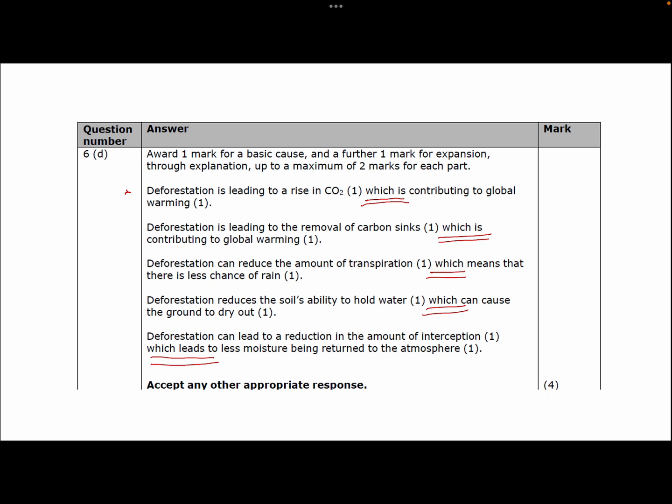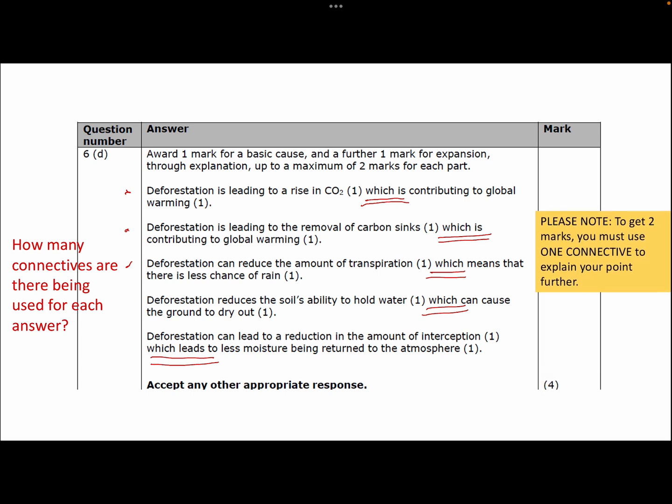The second one is deforestation is leading to the removal of carbon sinks, which is, that's your connective, contributing to global warming. Third one, deforestation can reduce the amount of transpiration, which means that there is less chance of rain, and so on. So you can see that there is one connective being used here to get 2 marks.